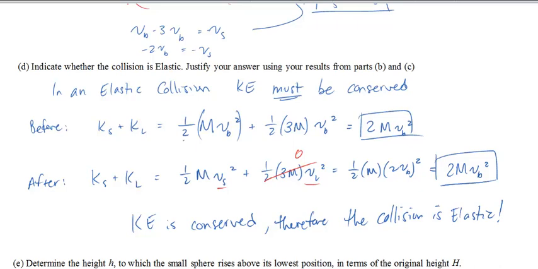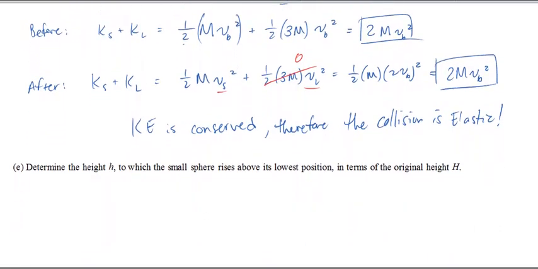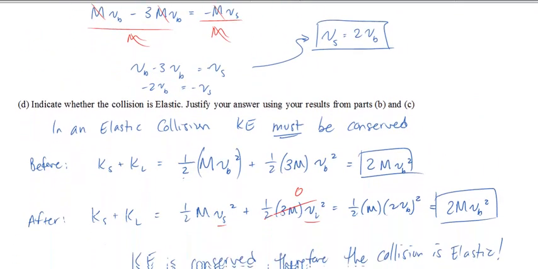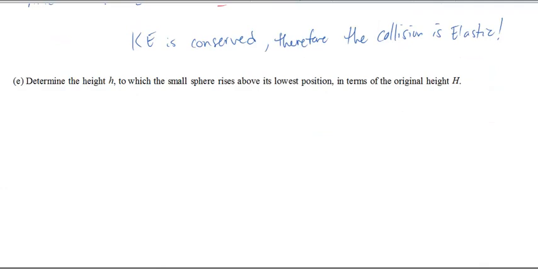All right, now next part, determine the height. So this small ball just doubled its speed, right? Doubled its velocity from VB to 2VB. And now it's going to ask us what height does it rise to above its original position. Now, a couple of things we can take into account.